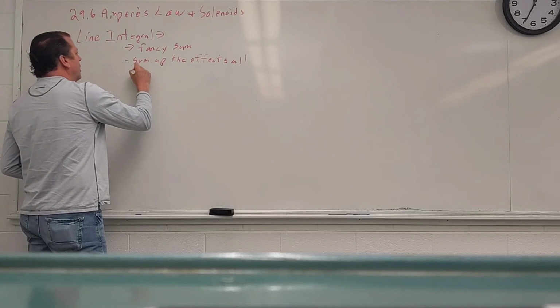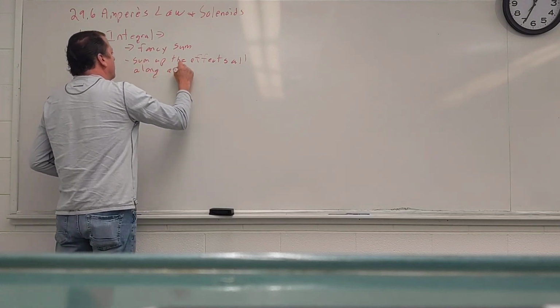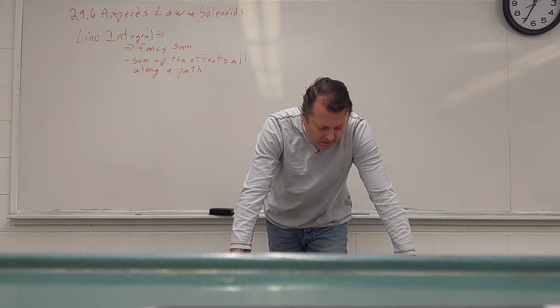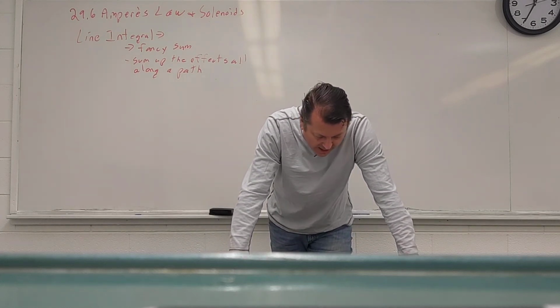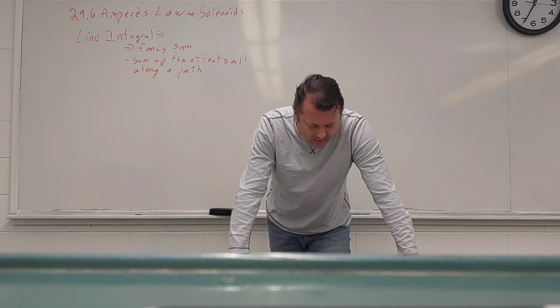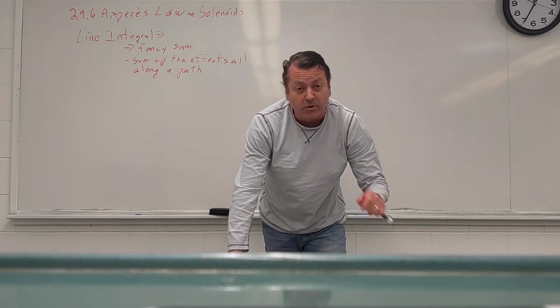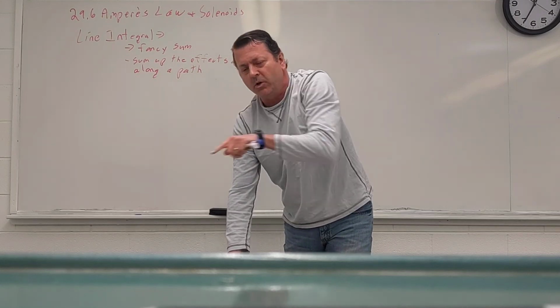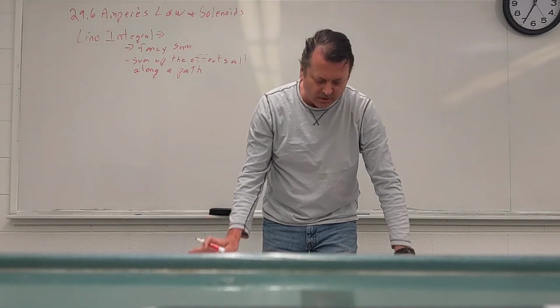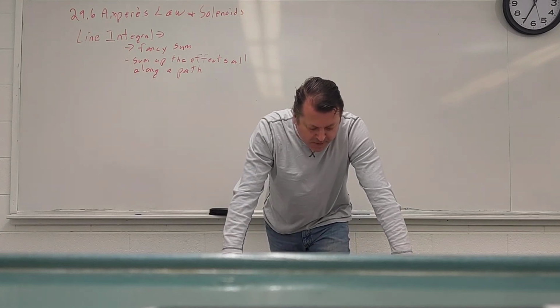You sum up the effects all along a path. So you've got to have a path to do a line integral. It could be a straight line, it could be a circle, it could be squirrely and around.